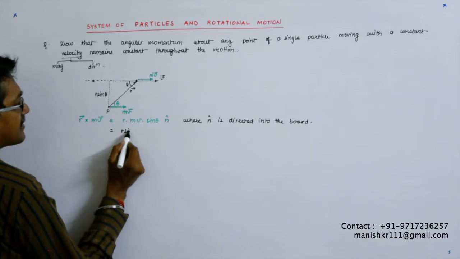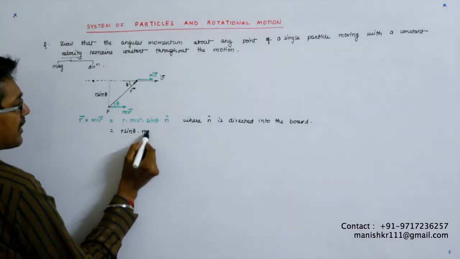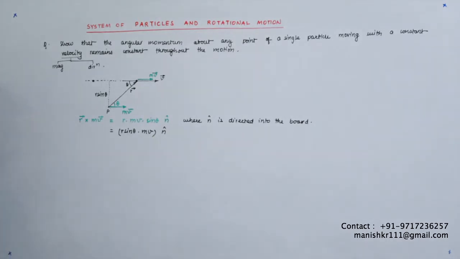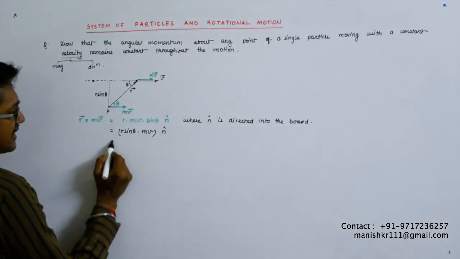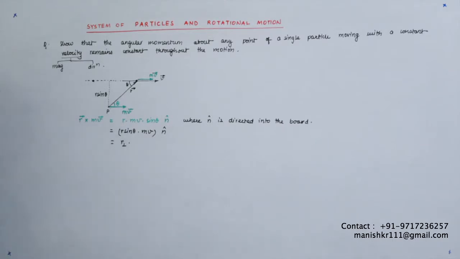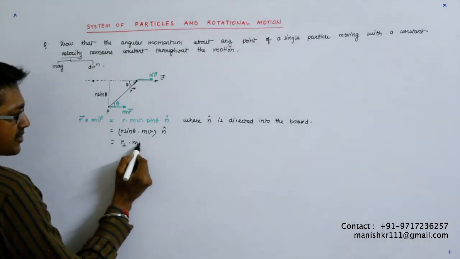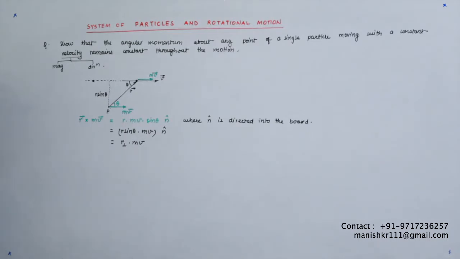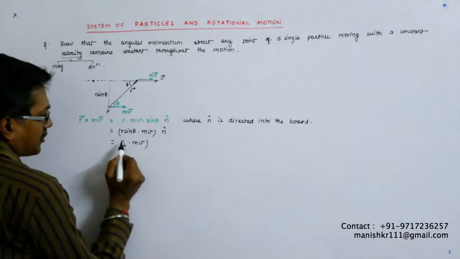So it is R sin theta into mv into n cap. Now R sin theta is nothing but R perpendicular. Does that change? No. M does not change. V magnitude, even the direction does not change. Okay, so this is whole constant.